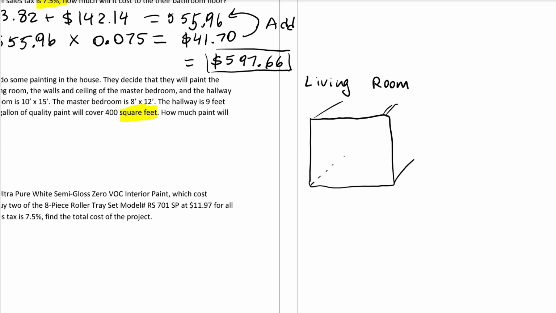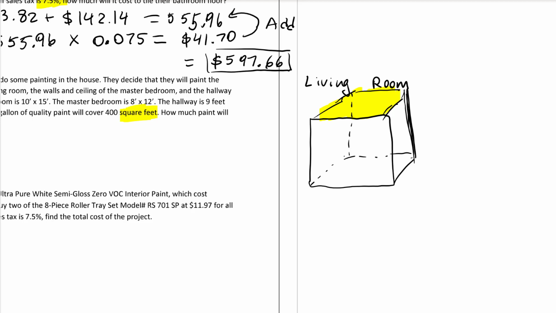Let me do it like this, trying to draw the box, like this. So this is going to be our room. Right here, the top is going to be the ceiling, and then we've got the 4 walls.